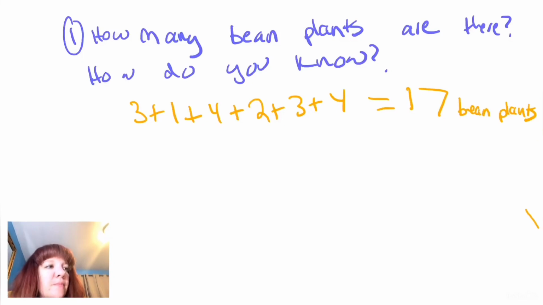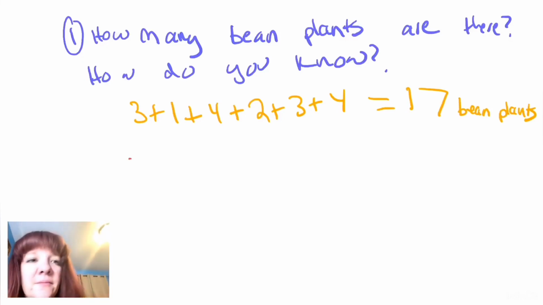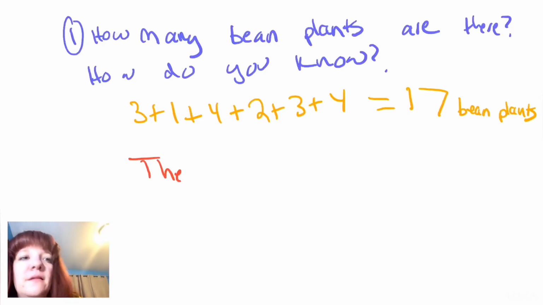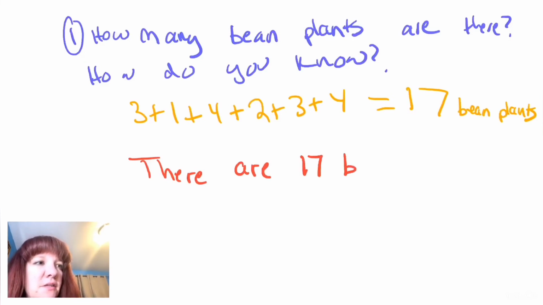Okay. And how do you know? There are 17 bean plants.